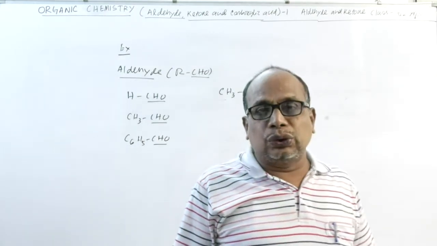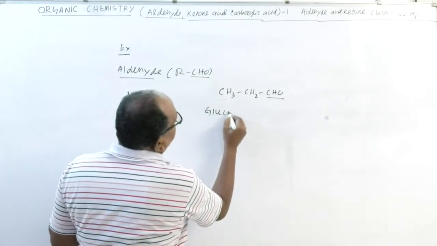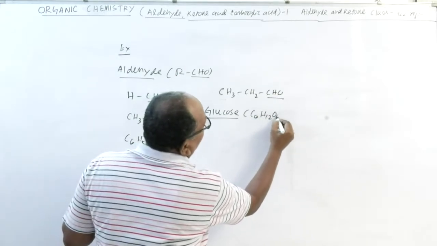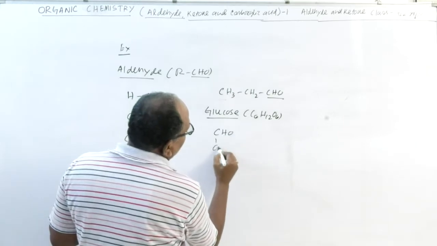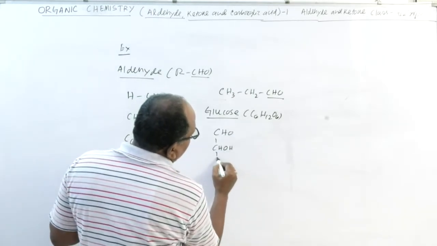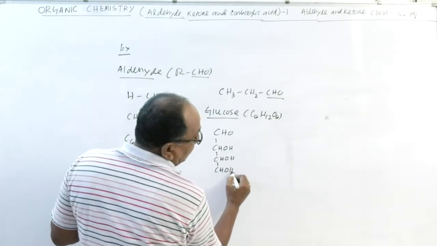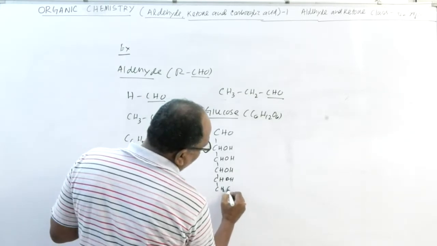Suppose you take glucose. What is the formula of glucose? C6H12O6. The structure of glucose is CHO, CHOH, CHOH, CHOH, CHOH, and CH2OH.